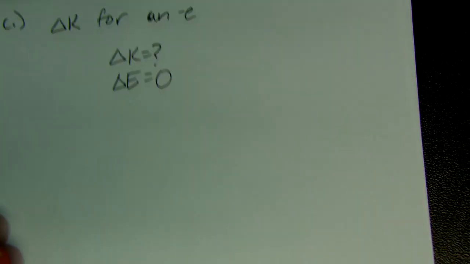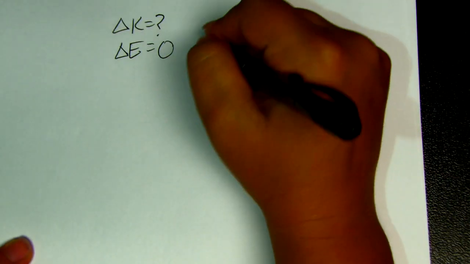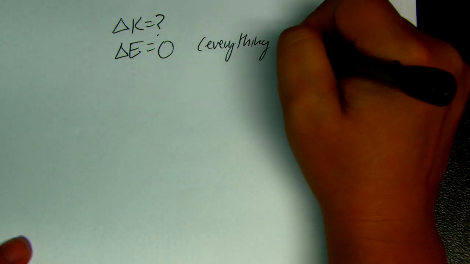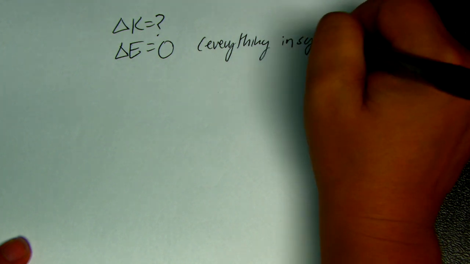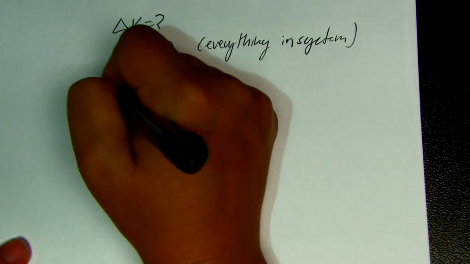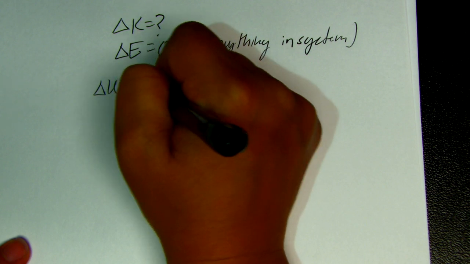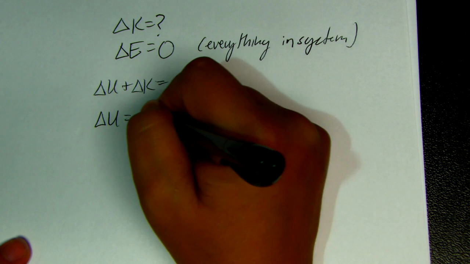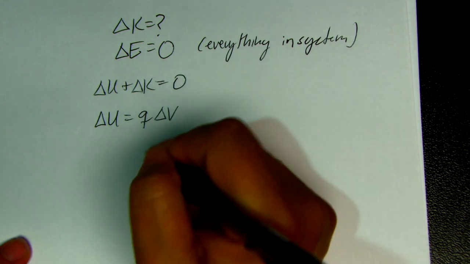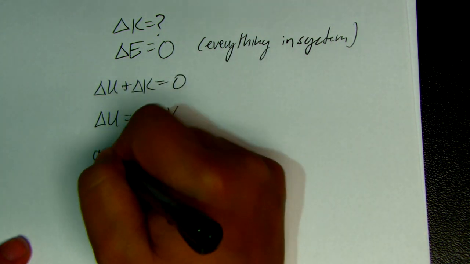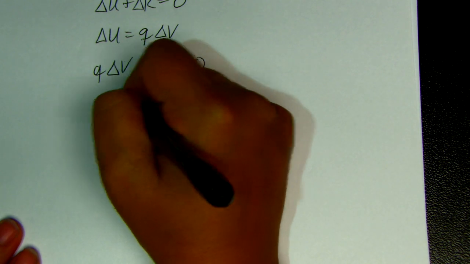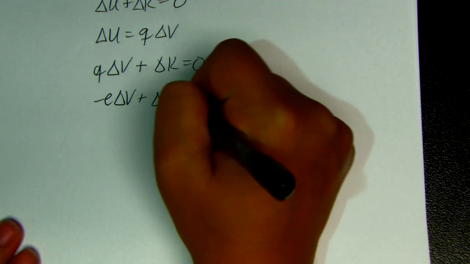Now in this case, everything is inside of our system, so the delta E is 0. That's why we choose our systems carefully. So then delta U plus delta K is equal to 0. Delta U is equal to Q delta V. So we have Q delta V plus delta K is equal to 0. So minus e delta V plus delta K is equal to 0.